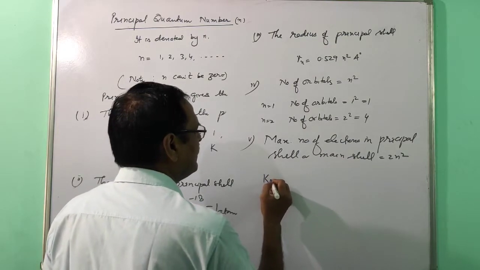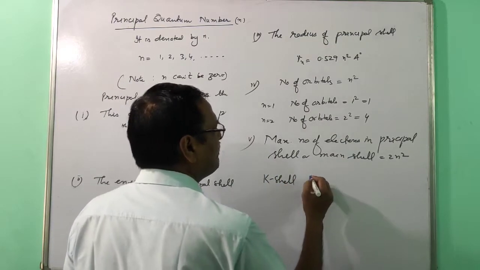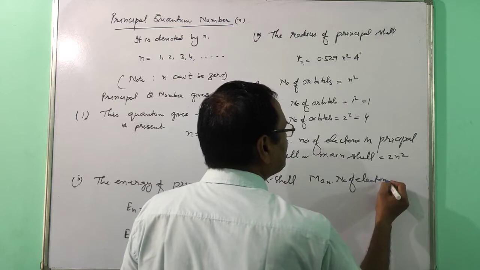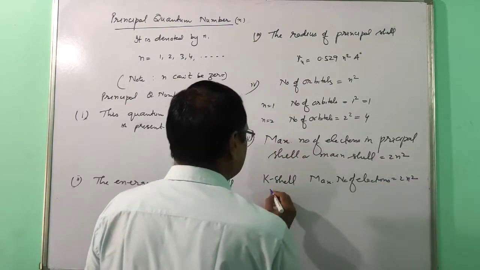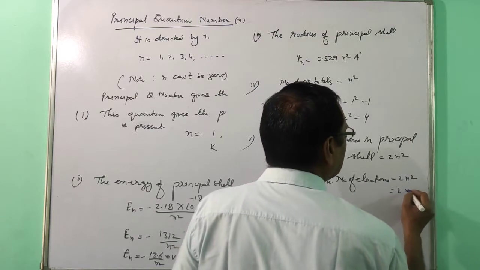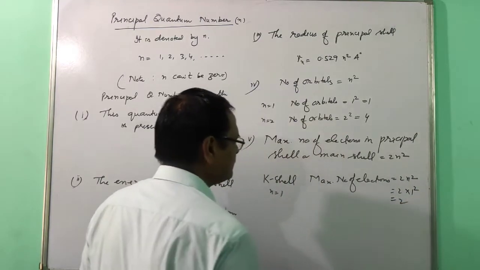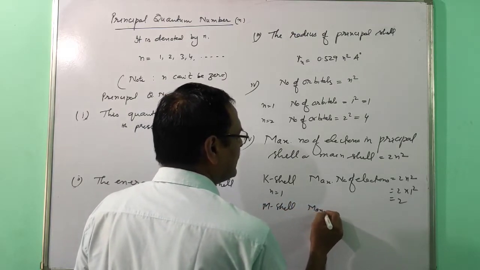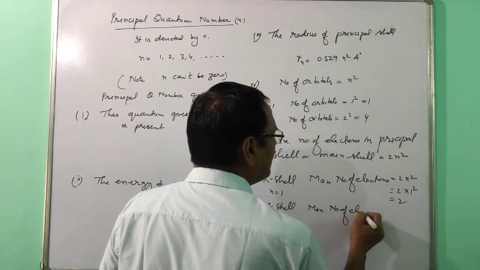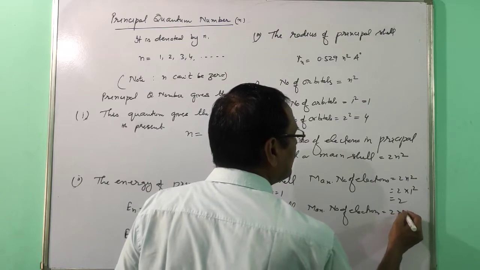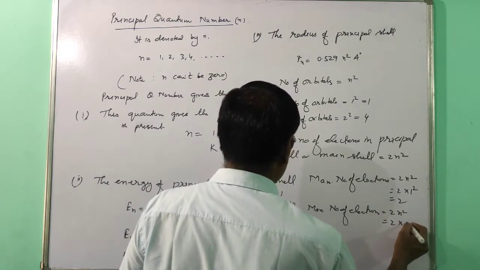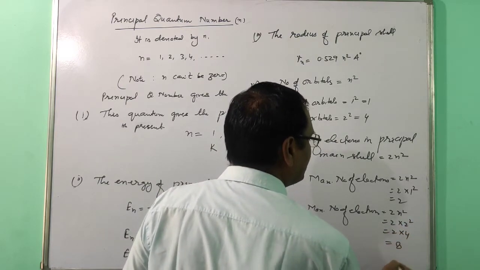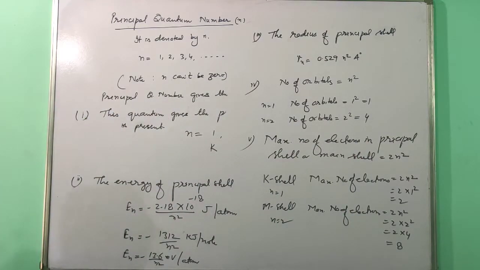For example, for the K shell, n is equal to 1, then 2 times 1 square will be 2. K, L, M shells you already studied in the lower classes. For n is equal to 2, it is 2 multiplied by 2 square, 2 times 4, 8. So these are the informations you are getting from the principal quantum number.